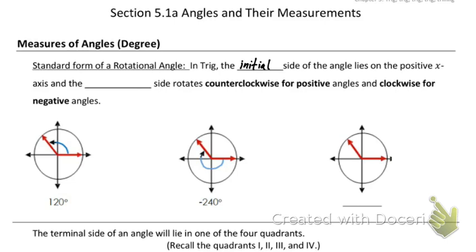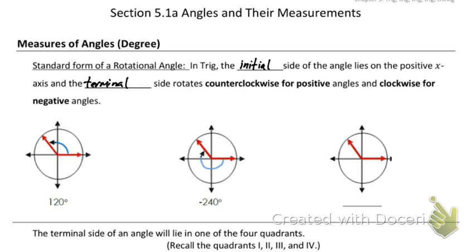But the initial side starts on that positive x-axis, and the terminal side rotates counterclockwise for positive and clockwise for negative angles. That's why if we look down here, this one I rotated this way, it's a positive 120.